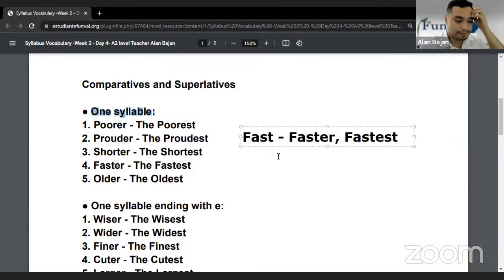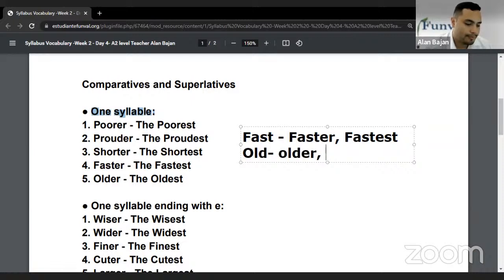That's the rule. Other example, of course, old. Older. Oldest.